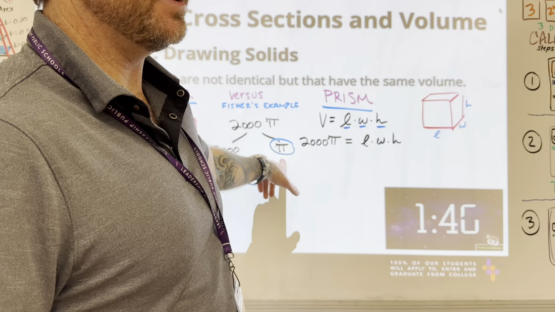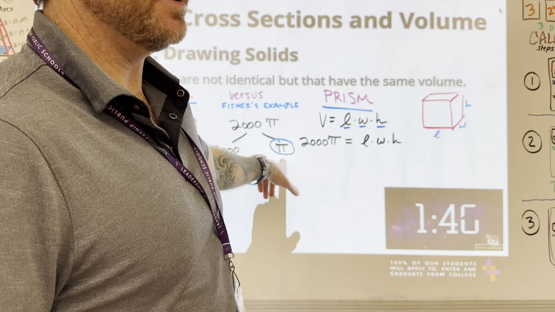Nope. Let's do 50 and 40. Jeez. A little off today. 50 times 40 is 2,000. Whoops. Okay, so I have my measurements.